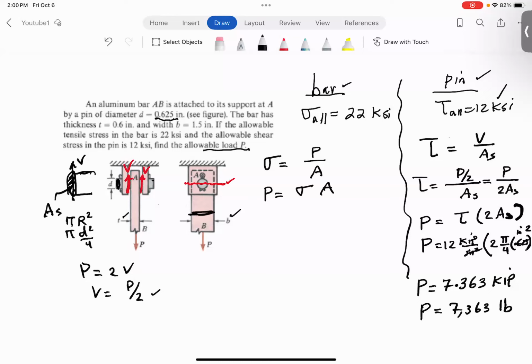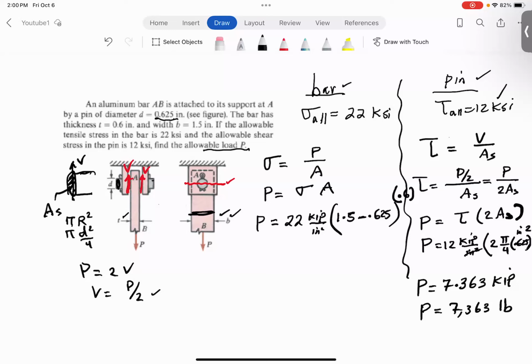So sigma, which actually, let me just put the value of it, 22 KSI, right? Again, that's 22 kip per inch squared, right? So what is the area? You've got to subtract the diameter of the pin, 0.625, from 1.5, which is B, right? And then multiply it by the thickness, which is 0.6.